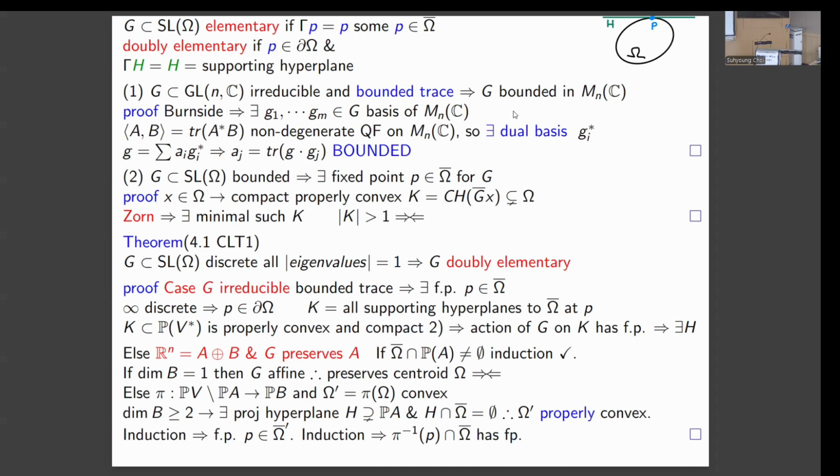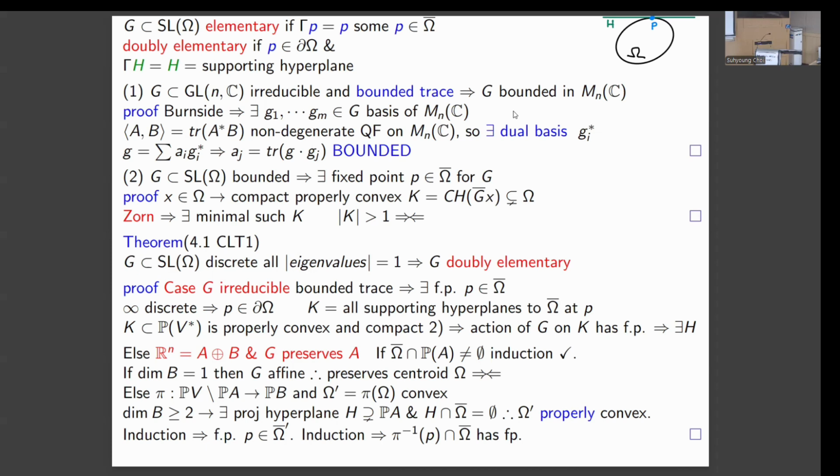But if the group's irreducible over the complex numbers, then this first lemma tells us that there is a fixed point. And the fixed point might be in the interior, it might be in the boundary. On the other hand, it's got to actually be in the boundary because the group is infinite and discrete. And if it was fixing a point in the interior, it couldn't be infinite and discrete. So there's actually a fixed point in the boundary.